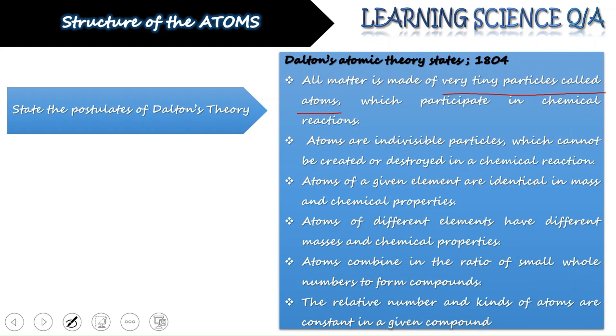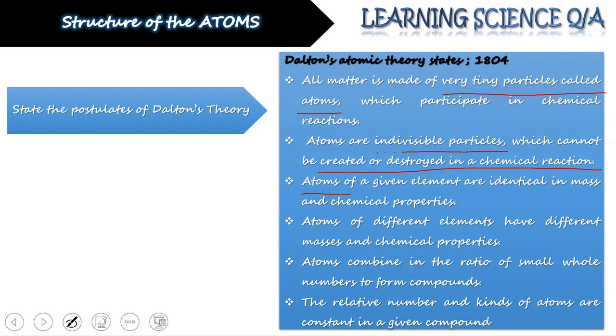These atoms are indivisible particles and they cannot be created or destroyed during the course of a chemical reaction. Also, elements having atoms in them are identical in all senses, in physical and chemical properties. That means atoms present in a given element will be identical to each other.